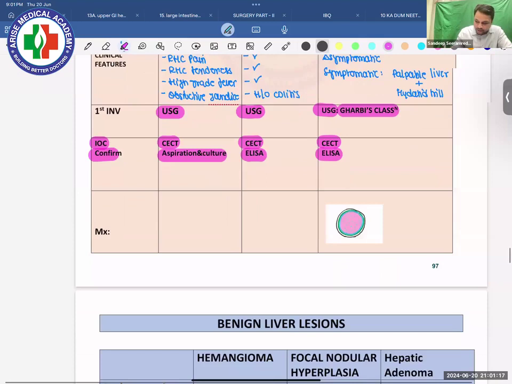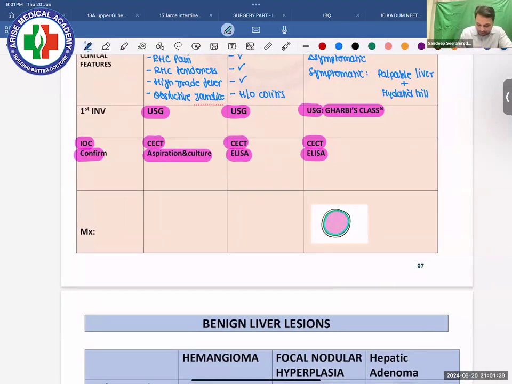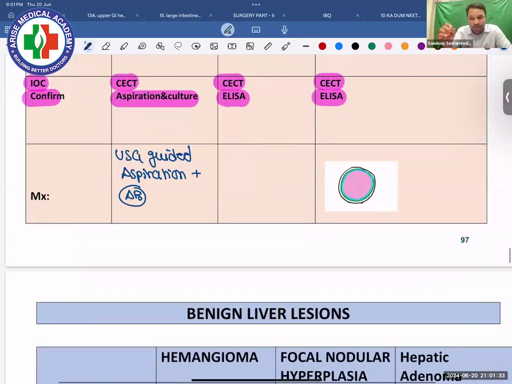How do you manage it? Remember, the management for pyogenic liver abscess is going to be USG-guided aspiration with antibiotics. Whereas for amoebic liver abscess, I will start the patient on high dose metronidazole, which is between 700 to 1000 milligrams per day.